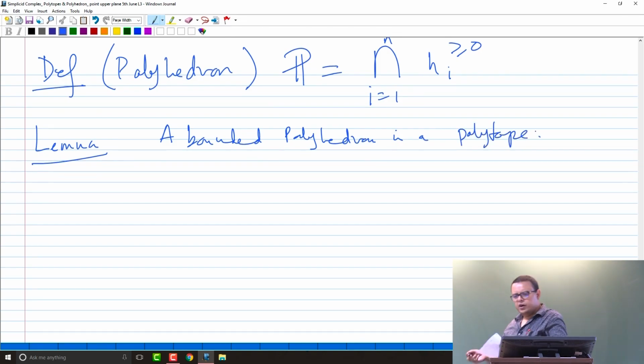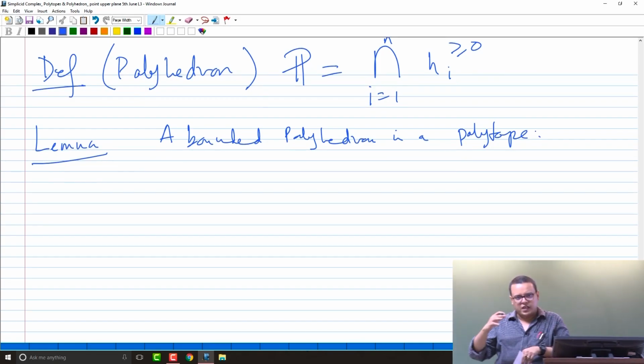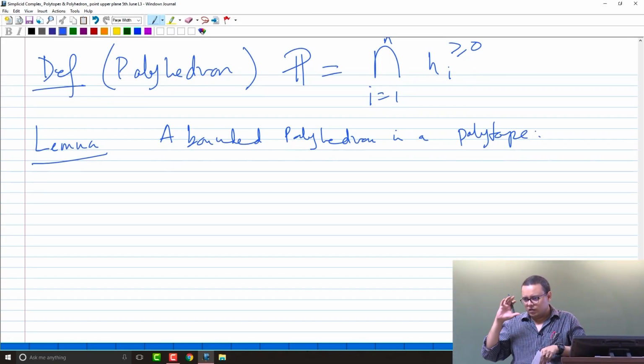For a polyhedron you can also define faces the same way we define faces for polytopes. The mistake that I made with the polytope is that the faces of a polytope will always be bounded objects, triangles, rectangles in 2D or something like this.